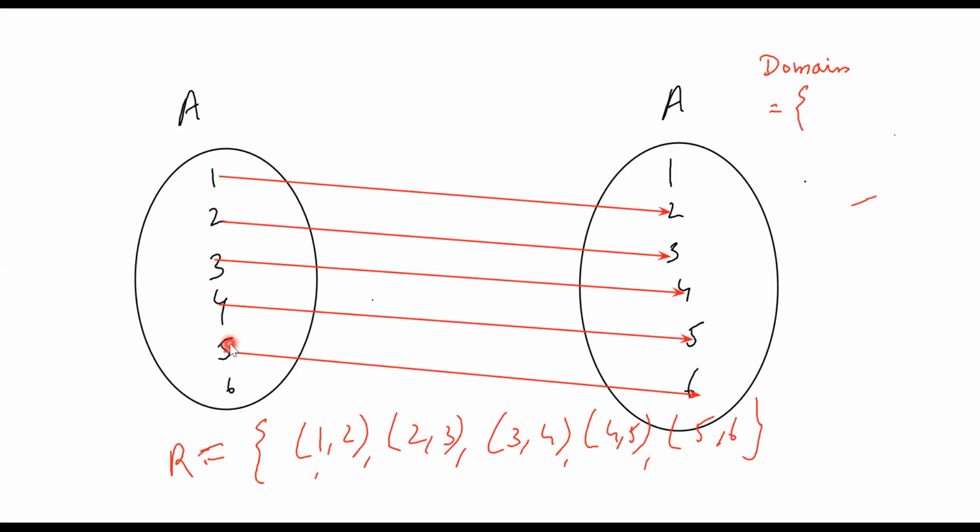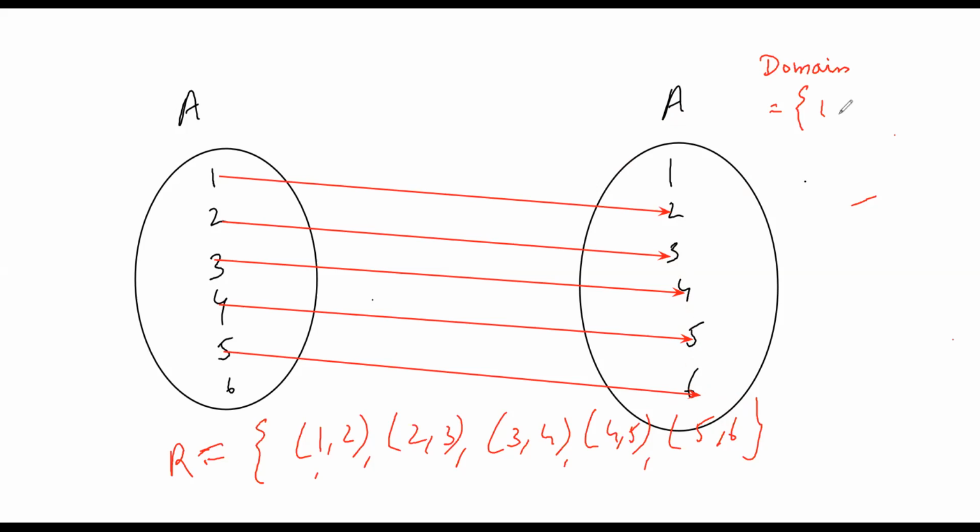Then there is something called range. Domain is on these left hand side arrows, and whichever is corresponding to the right hand side, that is called our range respectively. Correct? And the codomain is the entire thing, 1, 2, 3, 4, 5, 6, which is just like your universal set.